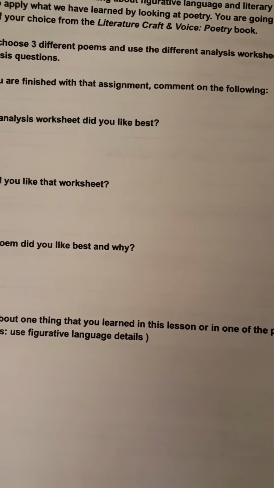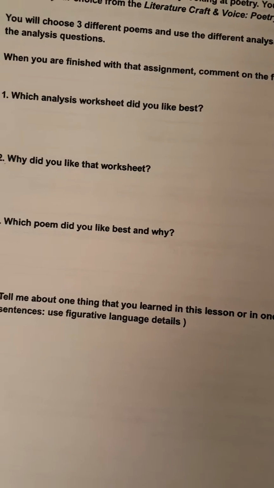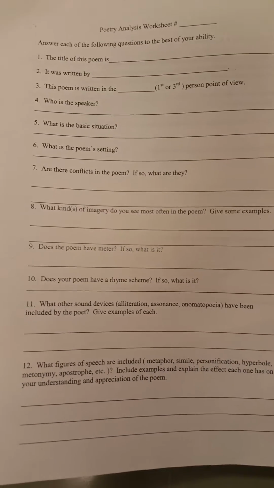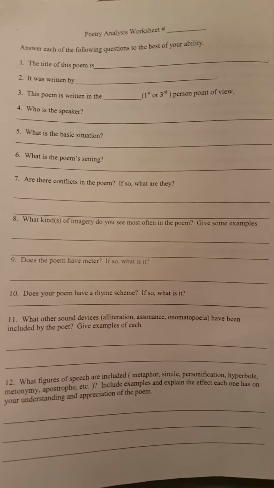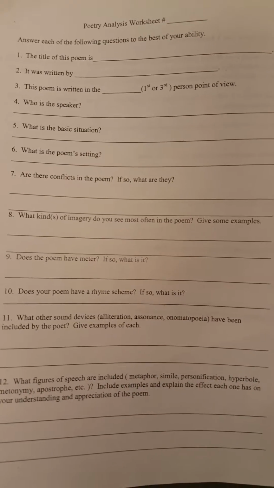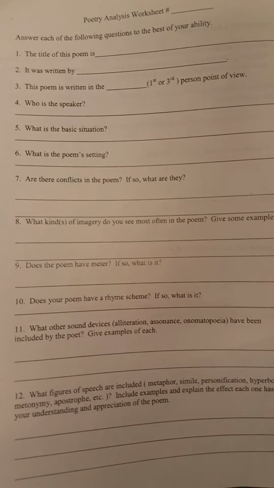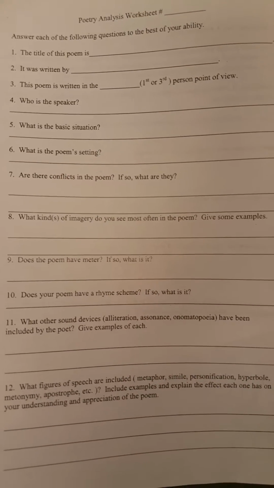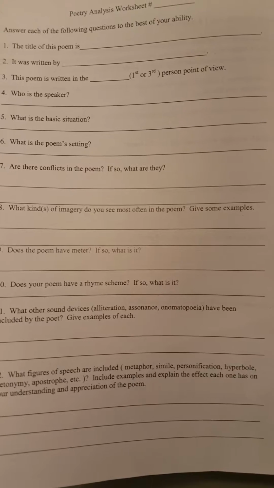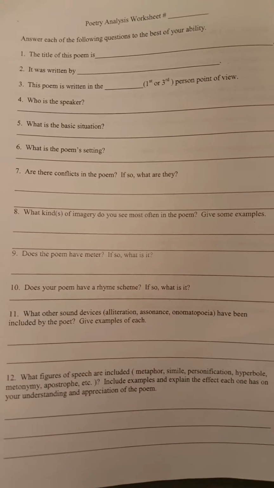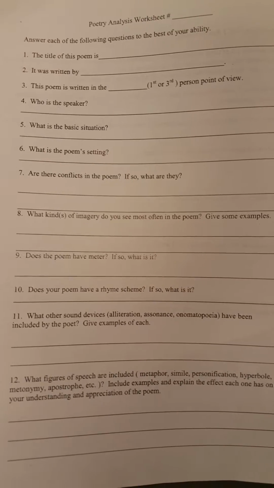So if we go into our poetry analysis, we have the big questions, and let's try to fit this in to see if this poem works for this particular analysis worksheet. Title of the poem, it was written by, the poem is written in the blank personal point of view. Who is the speaker? What is the basic situation? What is the poem setting?